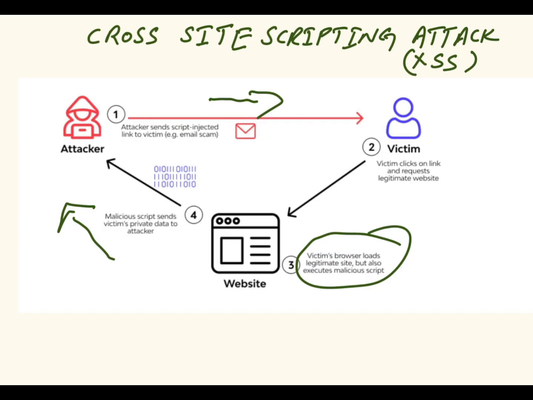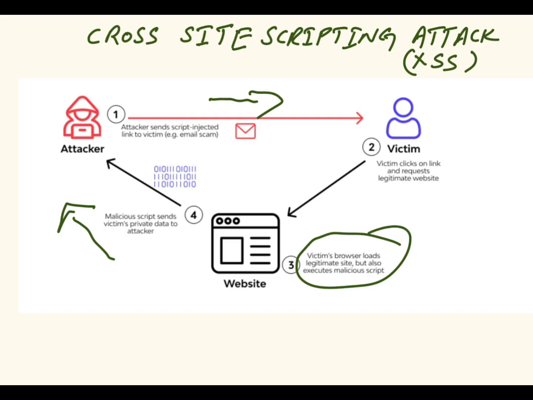Preventing XSS requires input sanitization and output encoding. Encoding makes sure that if there is any input from the user or from the attacker side, it is kept in data format.